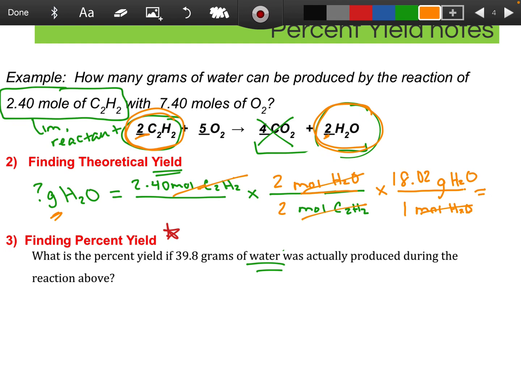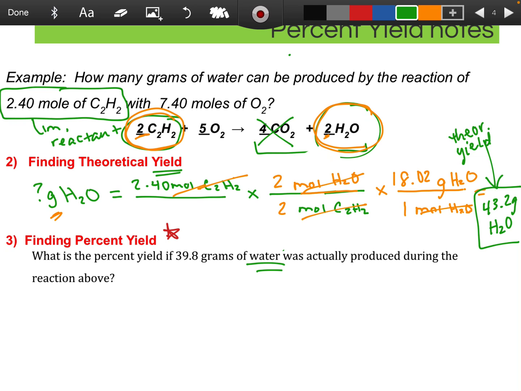Now we can multiply the numbers across the top and divide by the numbers along the bottom. When we do that, we end up with 43.2 grams of water. Remember, this is our theoretical yield. What that means is if everything goes perfect in this reaction, we should produce 43.2 grams of water.